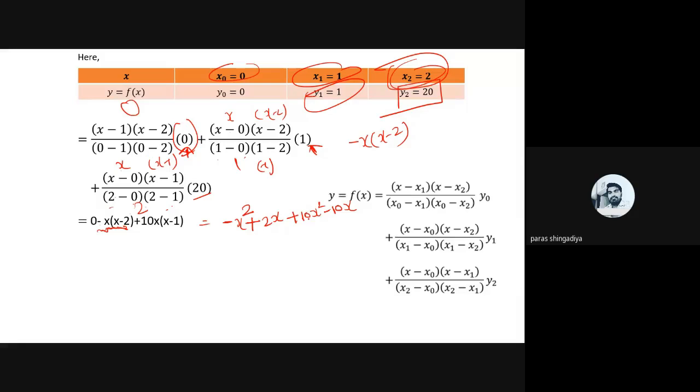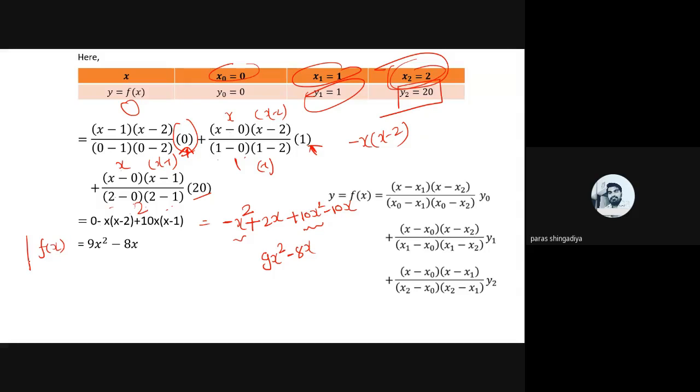And now here we have 10x square and minus x square, common terms, so simplified it will be 9x square, okay. And after that, 2x minus 10x, so it will be minus 8x. Okay? So the final equation is here 9x square minus 8x.